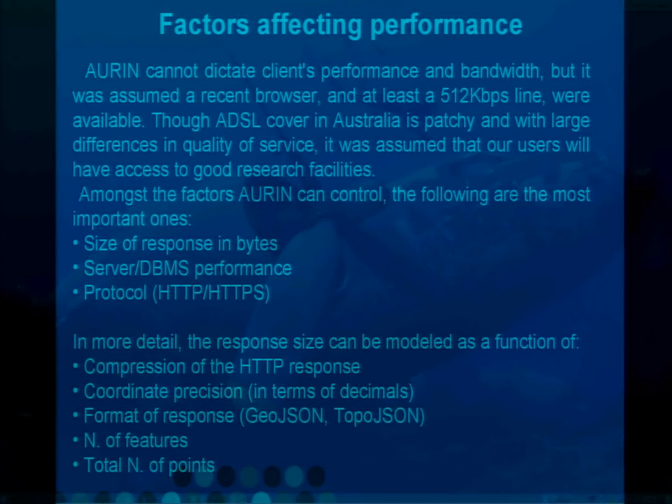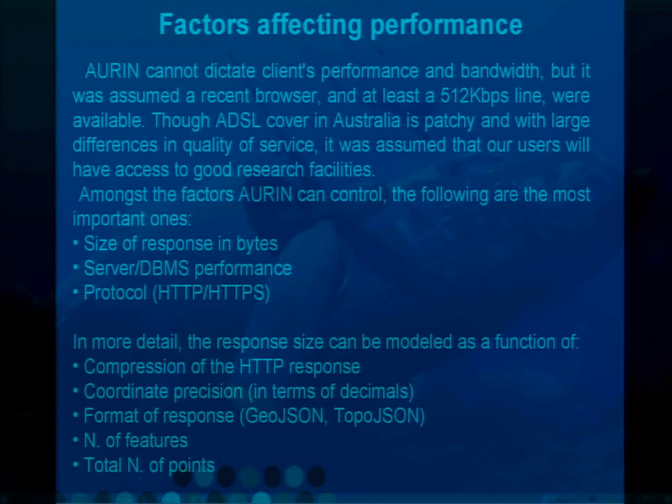Now, this sounds like a statistical model, but this is just for the size. Now, if you take the size itself, it can be thought of as a combination of these factors: the compression, because that's what we tried, to compress the output with gzip.